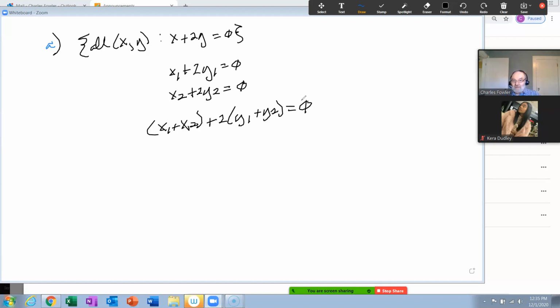Vector addition works. How about scalar multiplication?